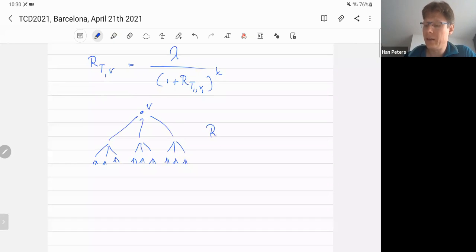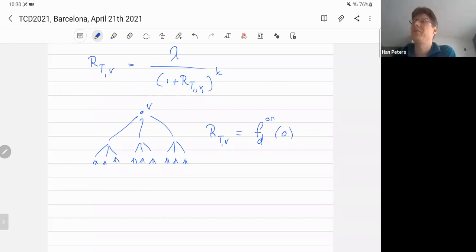So now R_{T,v} is f_d iterated n times of 0. Actually, because if you just have one point, then the rational function will be lambda, which is just the image of 0. So maybe I should write here n plus 1.